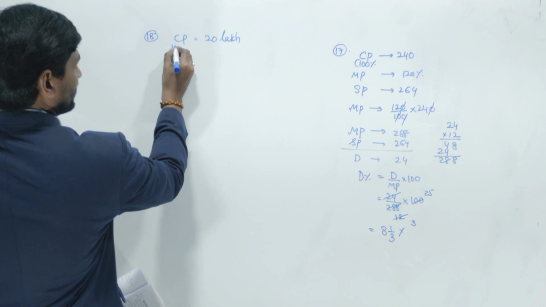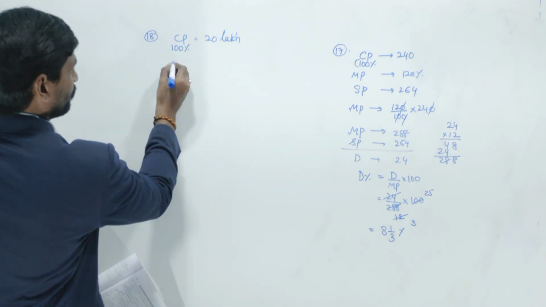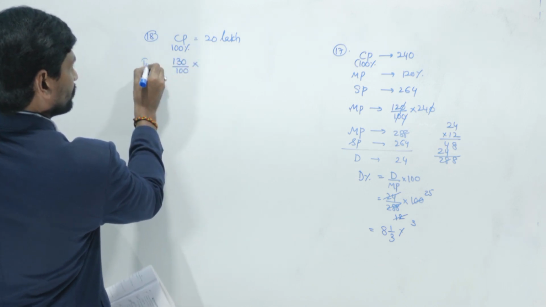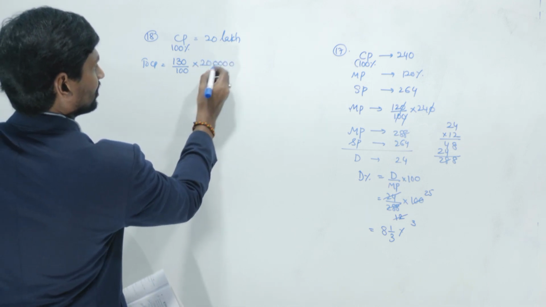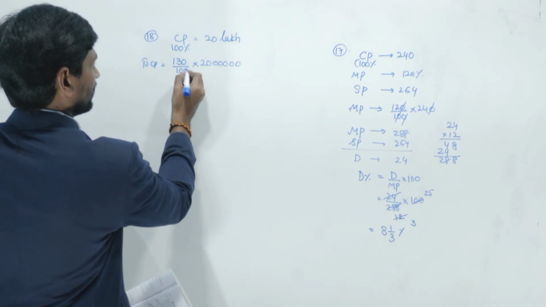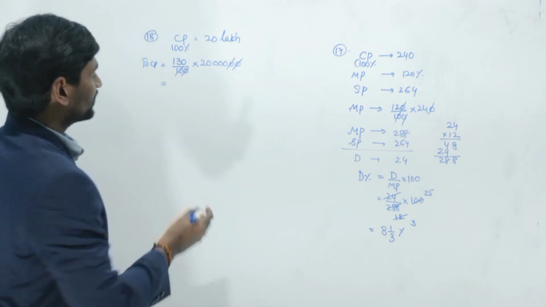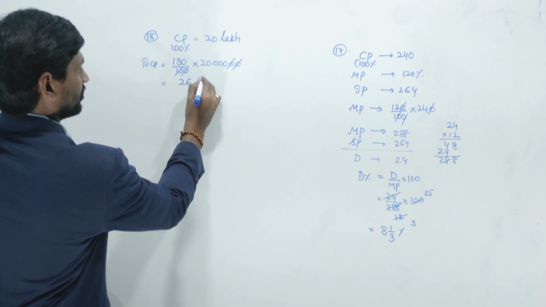Let us consider this one 100%. 30% also spent. Let us find 130% value. 130 by 100 into total cost price 20 lakh. 2 zeros cancel. 2 13s are 26. So 26 lakhs.